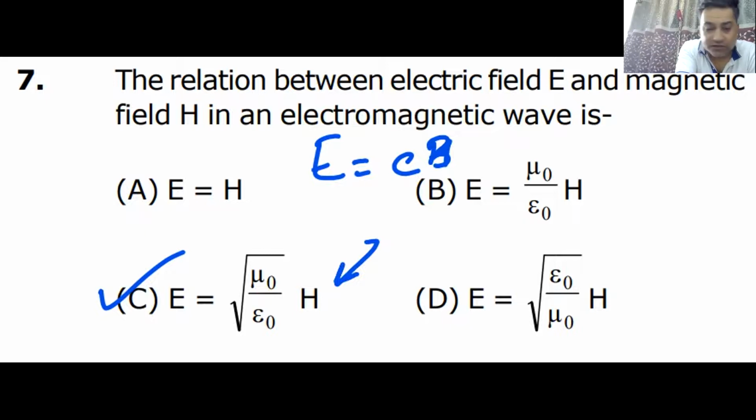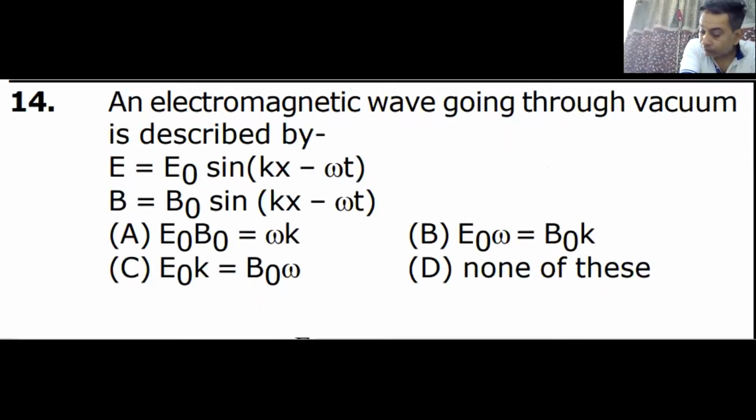One more of this nature. Same thing asked in a different way. An electromagnetic wave going through vacuum is described by E is equal to E naught this, B is equal to B naught this. Which of the following equation is correct? Remember the basic formula. To remember the basic formula, you will be able to answer this.